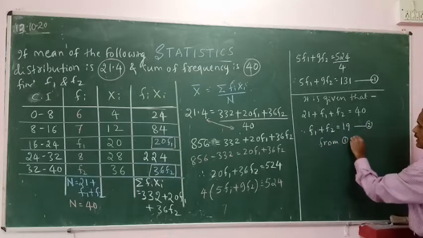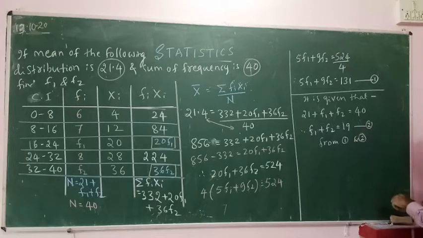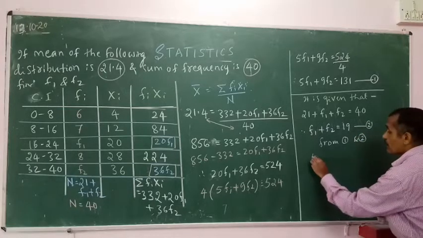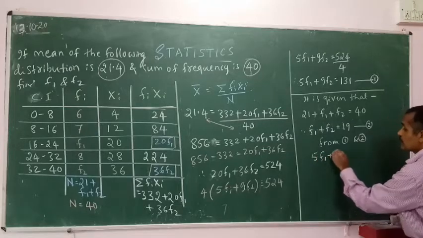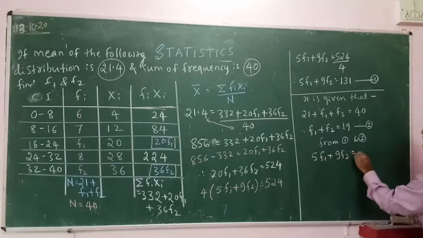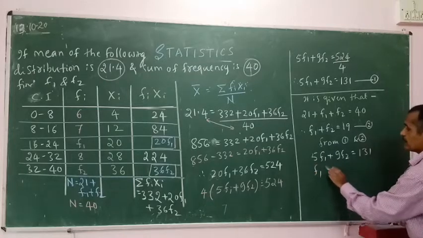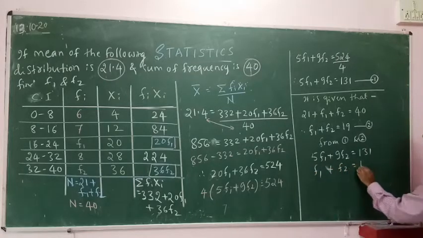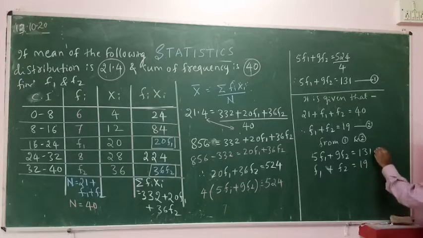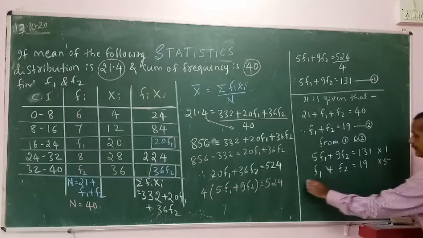From equation 1 and equation 2, what happens? 5f1 plus 9f2 is equal to 131, and f1 plus f2 is equal to 19. Multiply the second by 5.